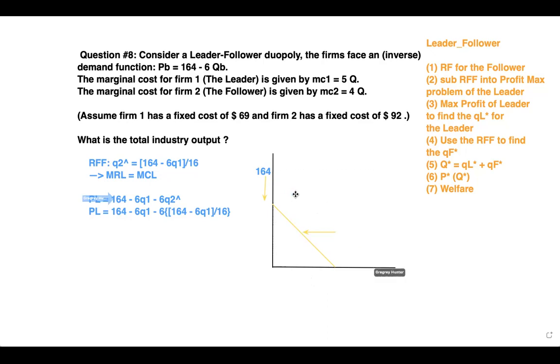Here, instead, we say, oh no, we don't know what the residual demand is going to be. We don't know exactly how much it's going to be shifted in. Instead, what we know is that the follower is going to react to the output amount of firm 2.